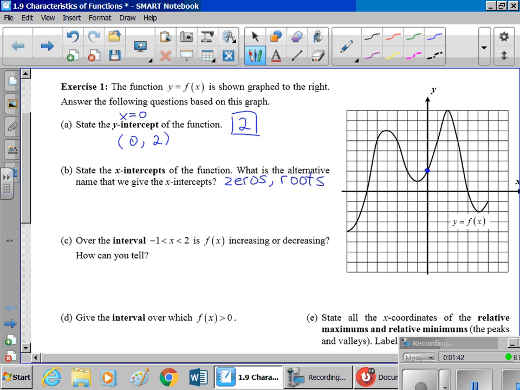So the roots are where it crosses the x-axis, here and here. And again, the x-intercepts are going to be when y is equal to 0. But here again, they're just looking for the x-intercepts, not the points.